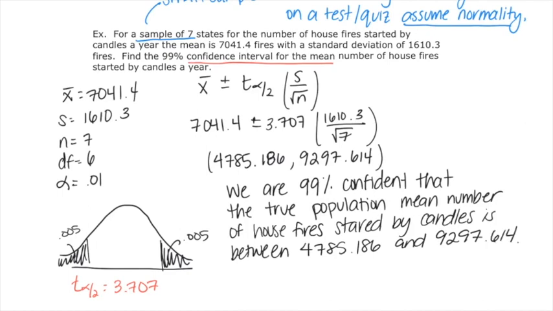We are 99% confident that the true population mean number of house fires started by candles is between 4,785.186 and 9,297.614.